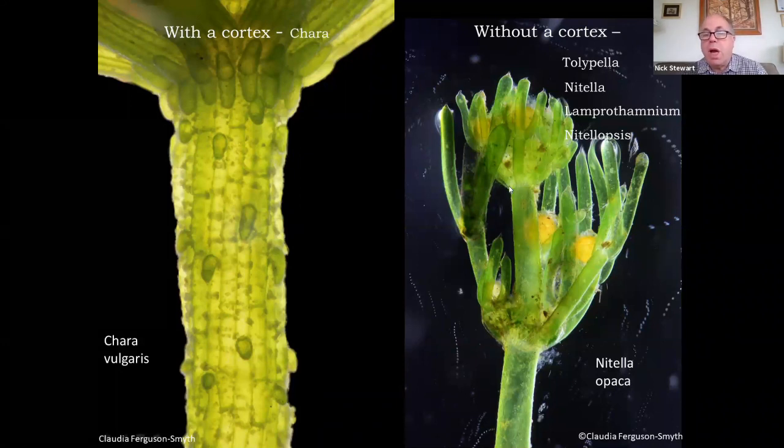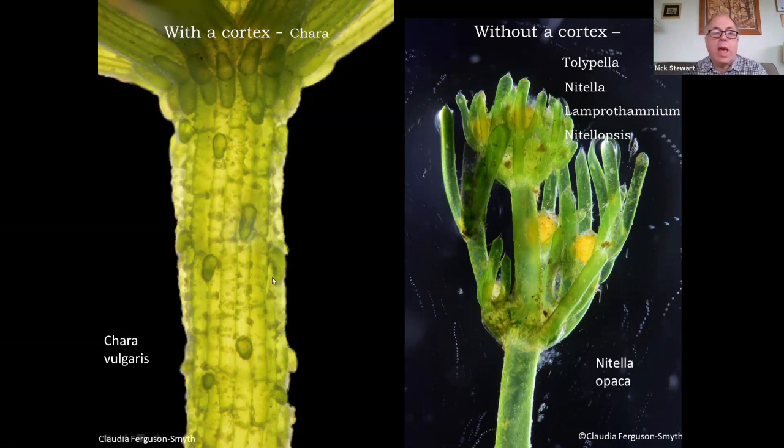These ones on the right don't have anything else. They just have these very simple cells. In this one on the left, there is a similar central cell, but around that are these extra cells which run up and down the stem, and this is what we call cortex.